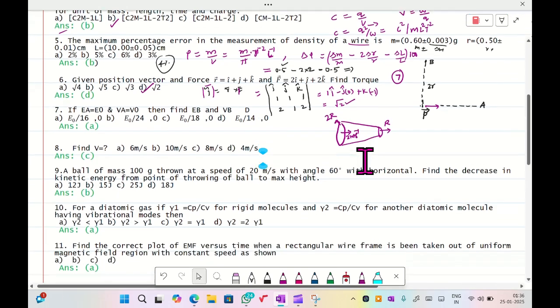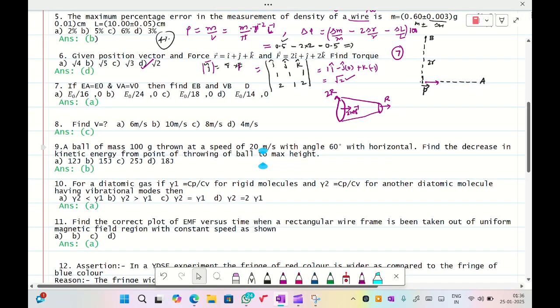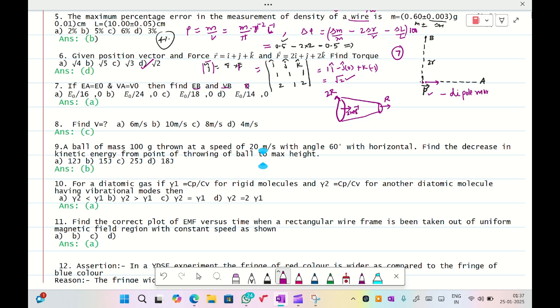Now from the given question, we have to find VB and EB. EB means electric field, VB means potential. P is the dipole moment of the electron. The dipole moment direction is given.